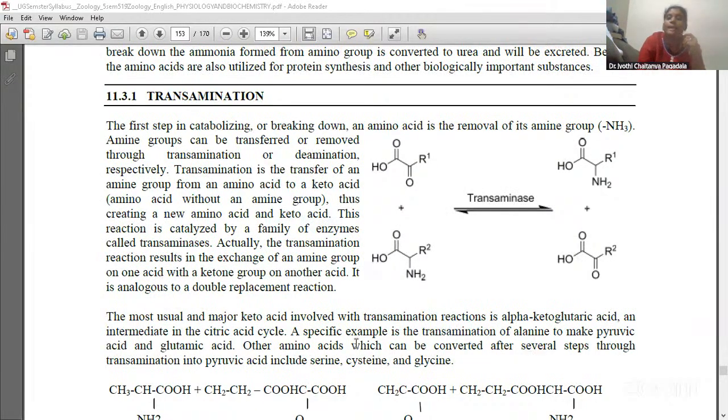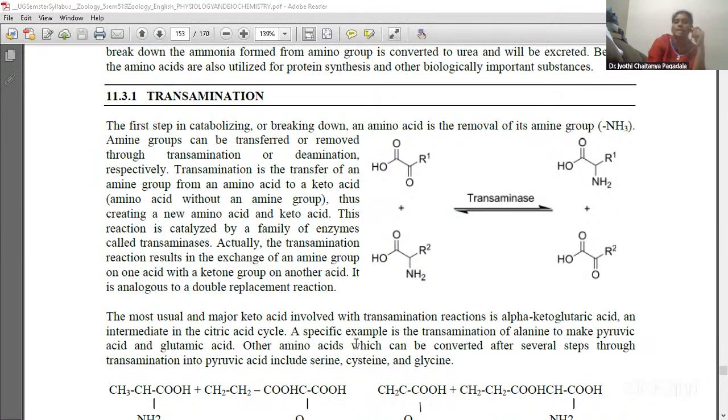It is the intermediate compound we discussed yesterday in the citric acid cycle. So there also we have seen alpha ketoglutaric acid, an intermediate of the citric acid cycle.